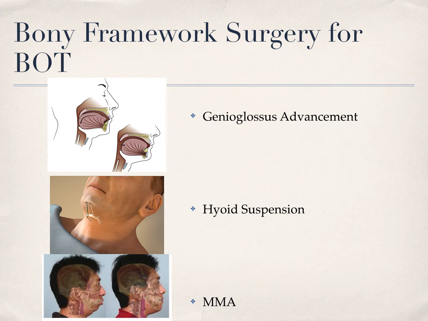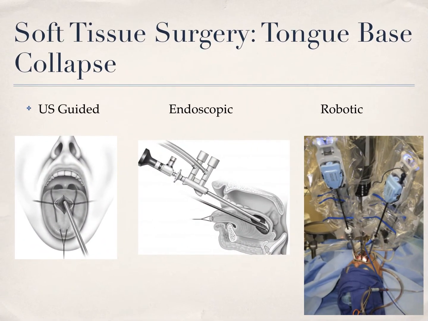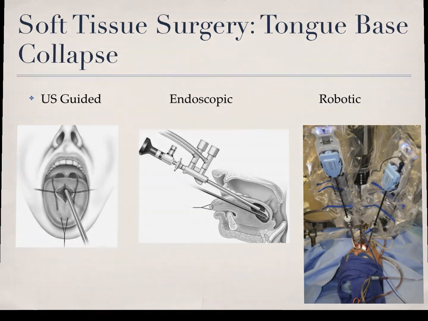In certain situations, maxillofacial surgeons offer maxillomandibular advancement surgery, which is a big operation to try and bring the facial structure forwards. The collapsing tongue base can be improved with some of the above mentioned operations, but also soft tissue surgery to reduce the tongue, either ultrasound or endoscopic guided, and in certain situations with robotic surgery. Once again, they are open techniques and quite involved.